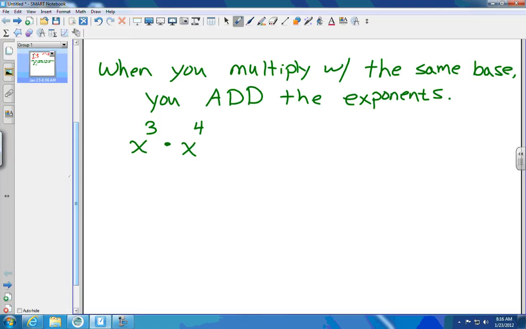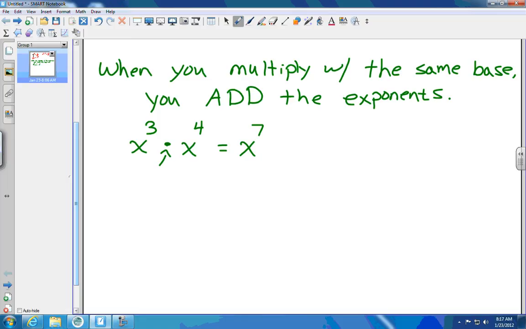X. They are the same base. You are multiplying with the same base. What do you do with the exponents? So you would end up with x to the 7. You multiply with the same base, you add the exponents.